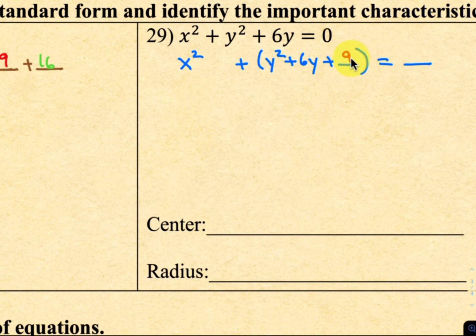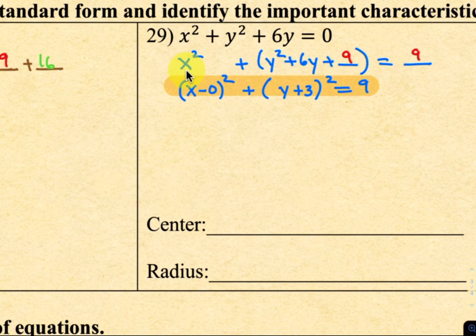So we add 9 here, and also add 9 to the other side. Now we can factor this trinomial, and that's going to end up being (y + 3)². We can also rewrite x² as (x − 0)², and then we have plus (y + 3)² equals 9. And now we can identify our center as being (0, −3).